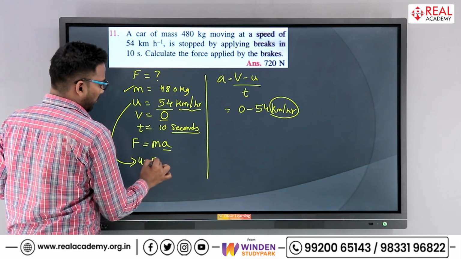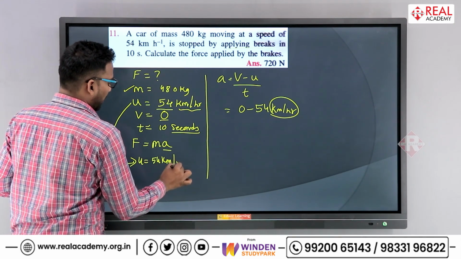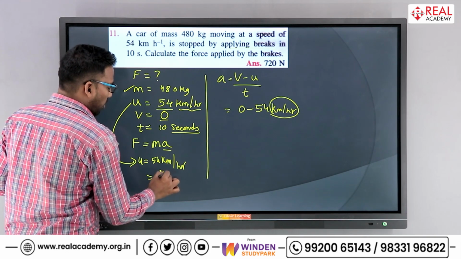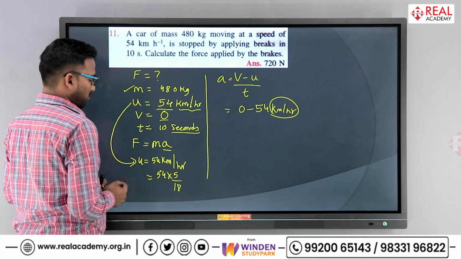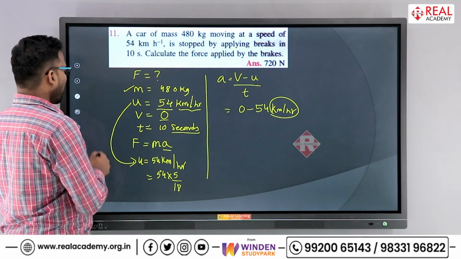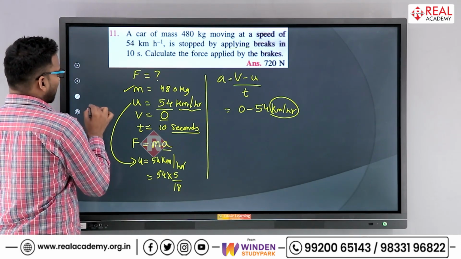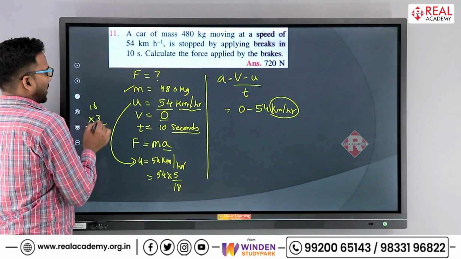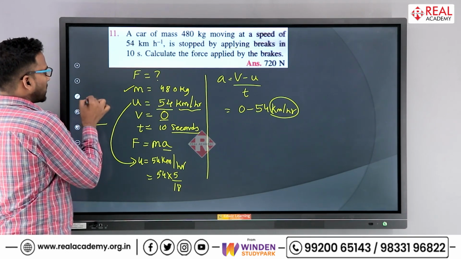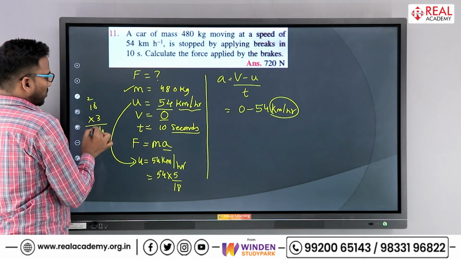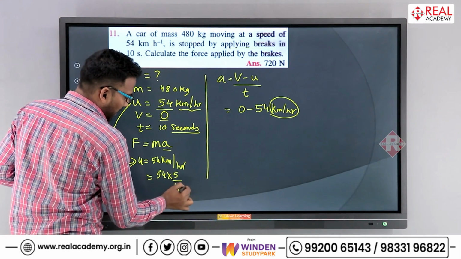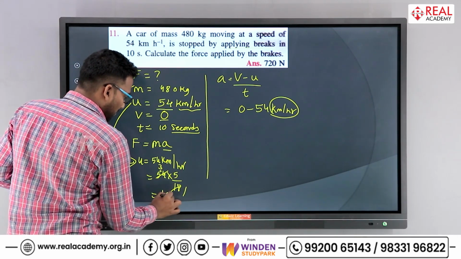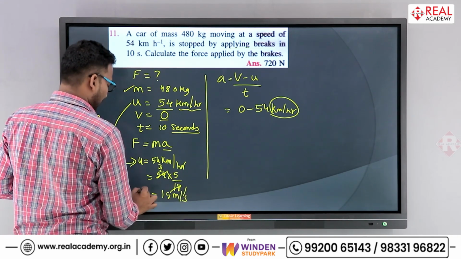So u is equal to 54 kilometer per hour. How to convert to meter per second? That is 54 into 5 by 18. So if I simply calculate, 18 into 3 is 54, so 18 threes are 54, and 3 fives are 15 meter per second.